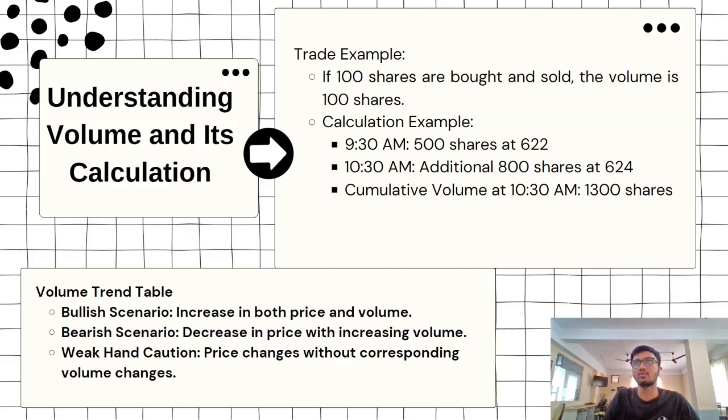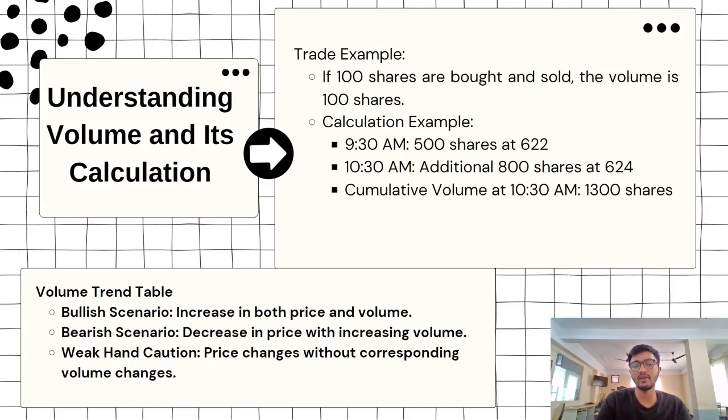A bearish scenario is when the price is decreasing and there is a very high increase in volume. If the volume bar is big and the price is dropping sharply, then it's a bearish scenario. If the bar is up, meaning an increase in volume, and there's an increase in price as well, then it is a bullish scenario.